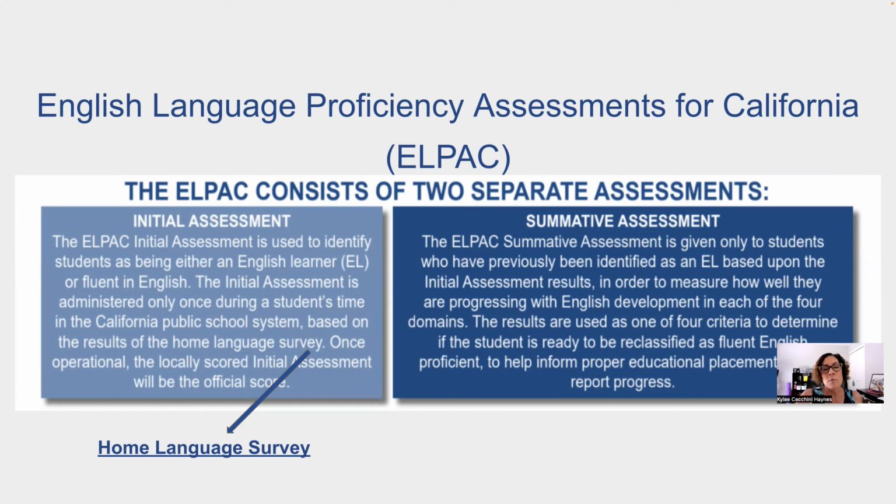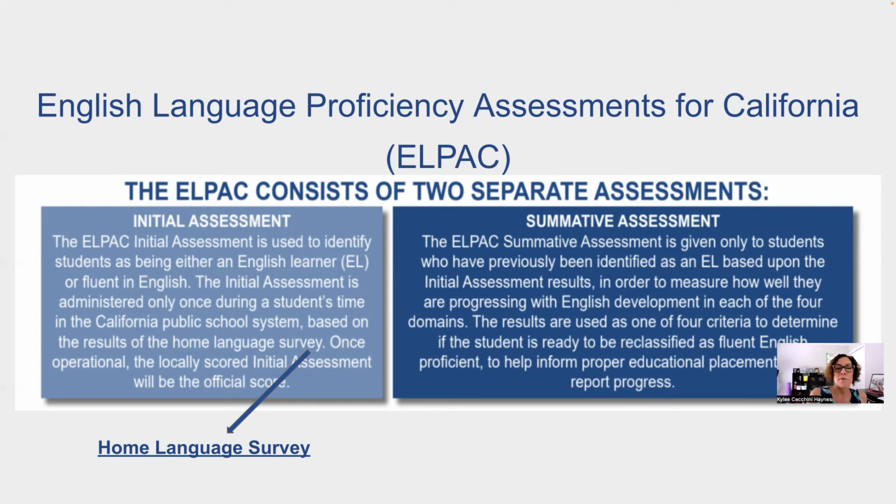It is a document that is given to parents or guardians of a student first entering public school in California. So for many of our students, the parent or guardian is filling this out in pre-kindergarten, either TK or kindergarten, when they first enter our public school in California.